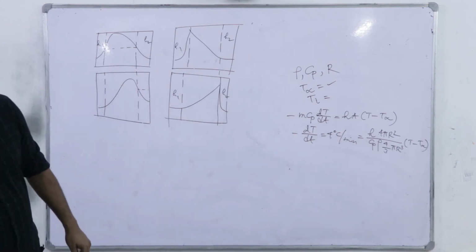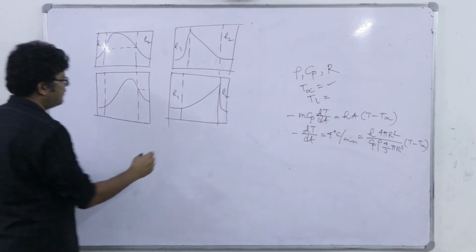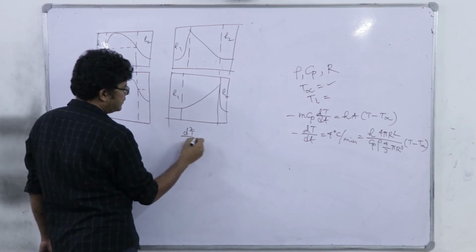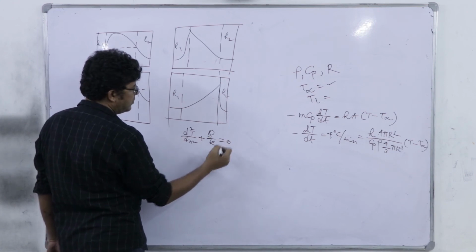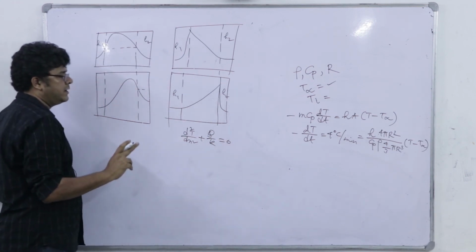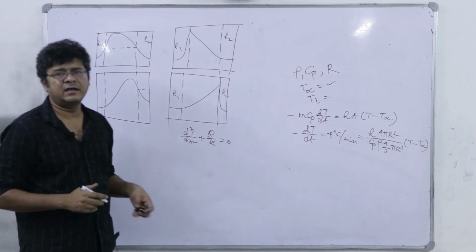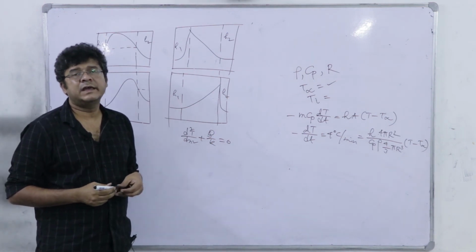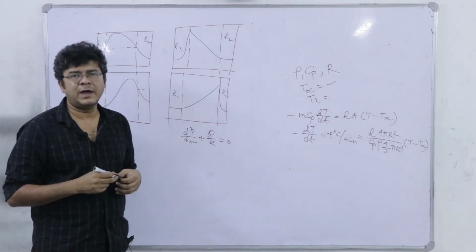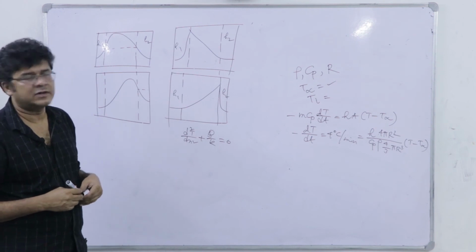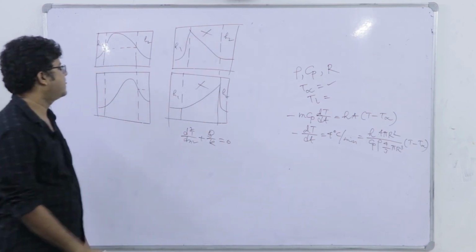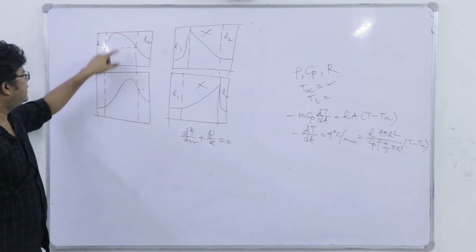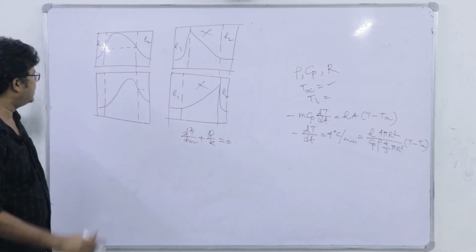Now, you see that when we have heat generation, d square T/dx square plus q/k equal to 0, right. So, when d square T/dx square is a constant, then integrating it twice we will get a quadratic function, not a linear function. So, these two are eliminated. Between these two we have to select by boundary condition.